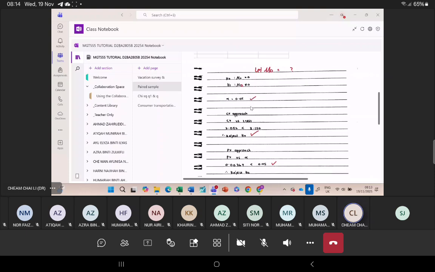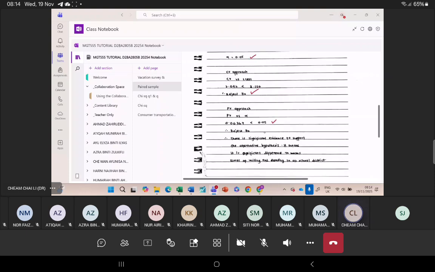You also get the correct decision. So lastly, you need to conclude there is significant evidence to support the alternative hypothesis. So this means that there is a significant difference in the mean scores of writing and reading. Okay, so far, do you have any questions on this?